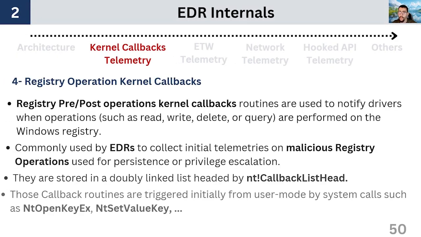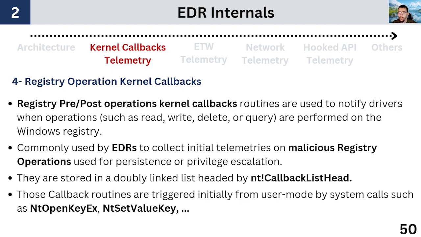Now let's take a look at registry operation kernel callbacks. Registry operation kernel callbacks are low-level routines in the Windows kernel that are triggered whenever a registry operation is performed, such as read, write, delete, or query. They serve the purpose of notifying registered drivers about registry modifications, allowing these drivers to monitor and collect telemetry on registry activities.